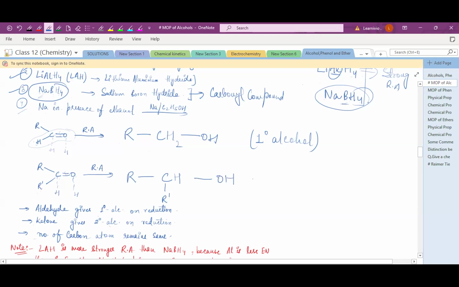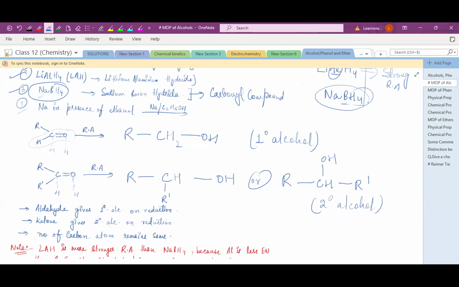You can also write it like this: R, CH, R dash, and on the second carbon there is an OH. So what is this? This is a secondary alcohol. So on the reduction of ketone, you will get a secondary alcohol, but on reduction of aldehyde, you will get a primary one. Is it clear?